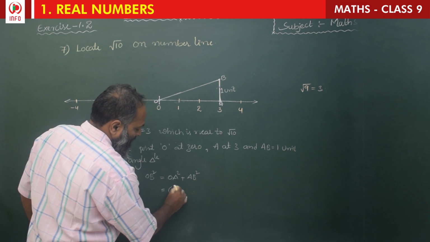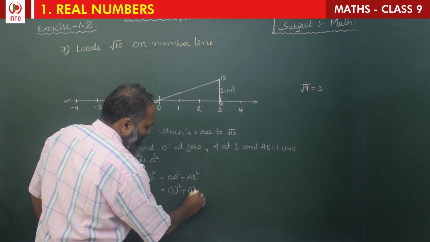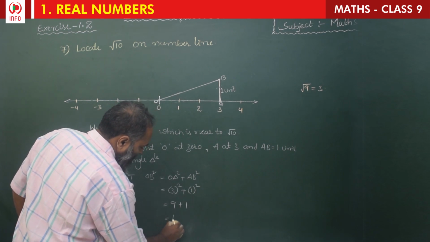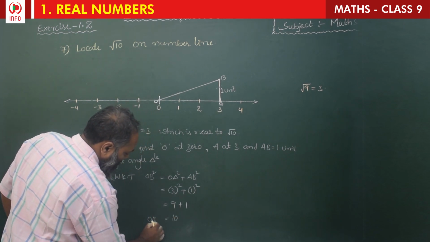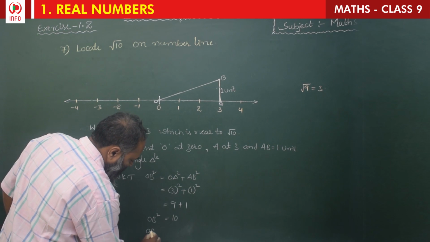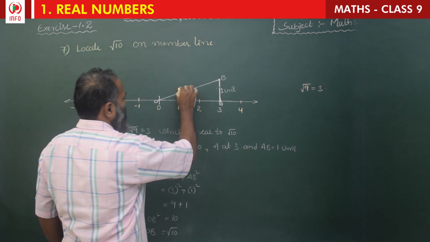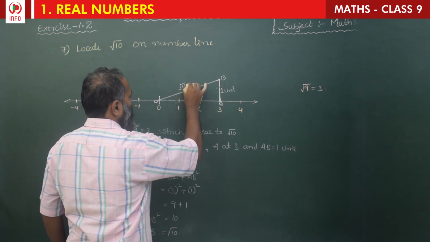OA is 3 square and AB is 1. 3 square is 9 and 1 square is 1. 9 plus 1 is 10, that is OB square. Then OB is equal to root 10. So, what is OB? Root 10.